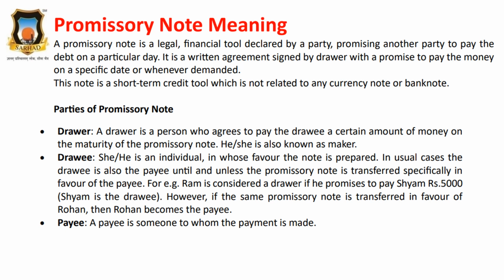Who is going to give you money? Ram is going to give money to whom? Now Rohan. So drawer is who makes the bill, drawee is on whom the bill is made, and payee is a third person or third party who is involved in our promissory note. A payee is someone to whom the payment is made. I hope this is clear.